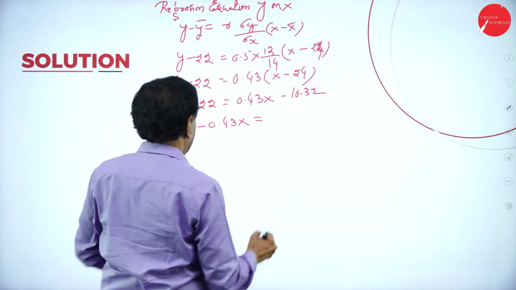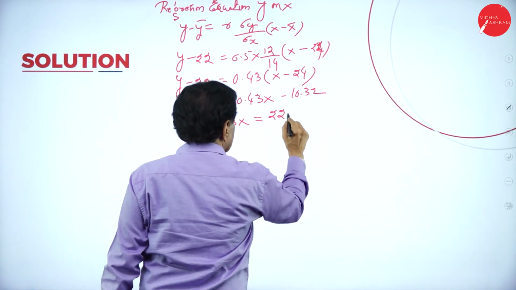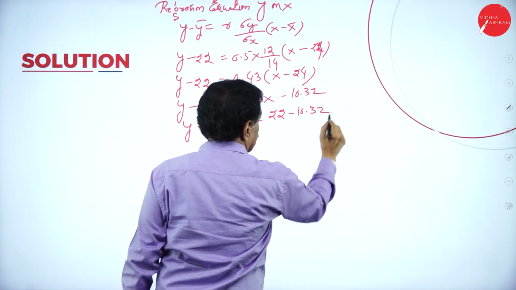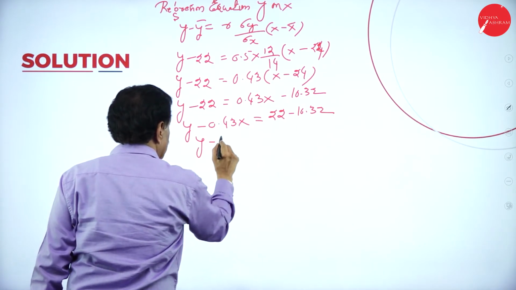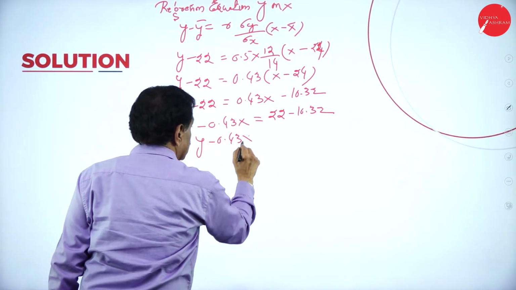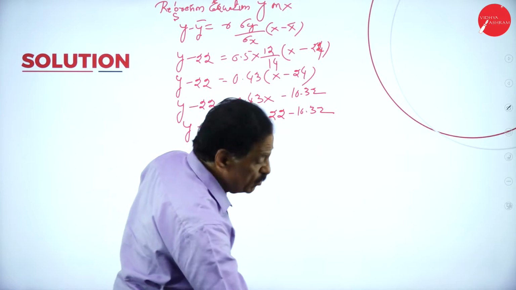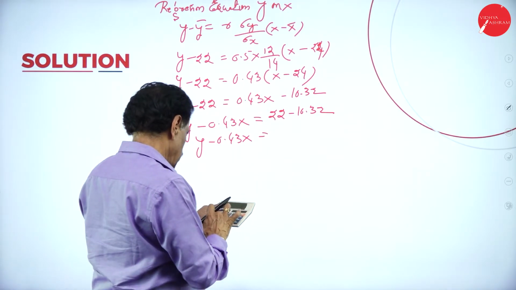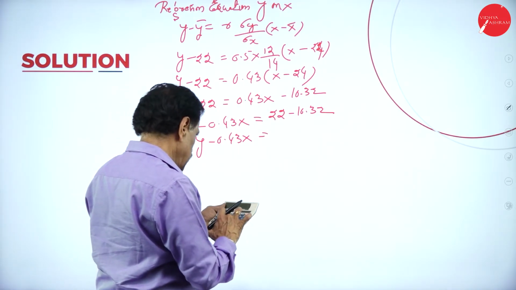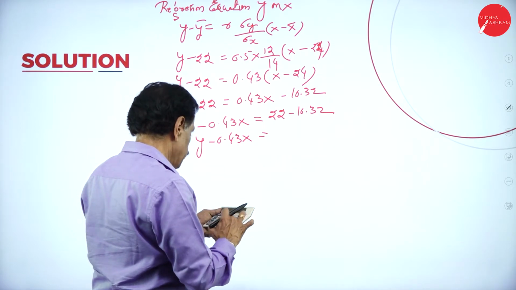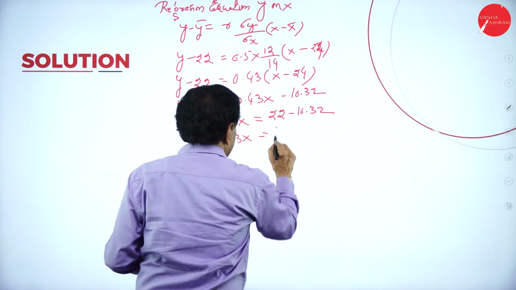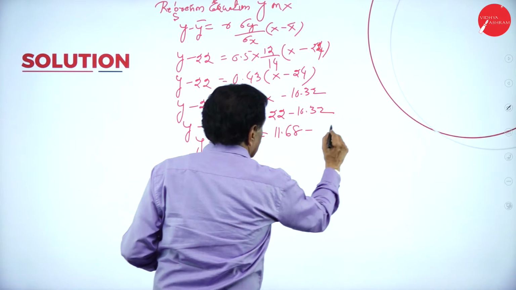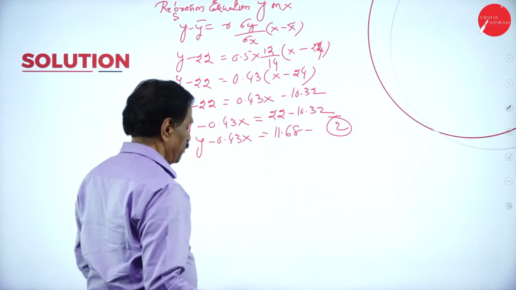Minus 22 comes here, plus 22, so y minus 0.43x equals 22 minus 10.32, that is 11.68. This is equation number 2.